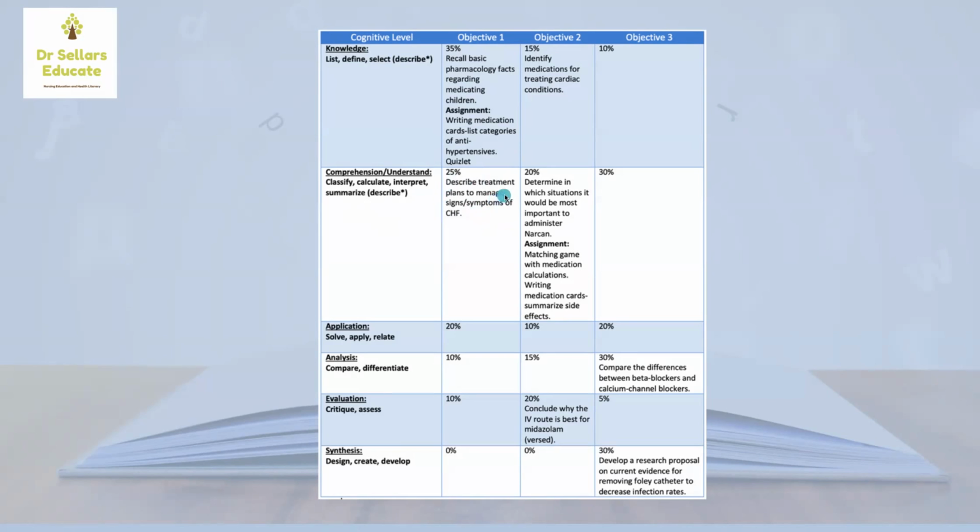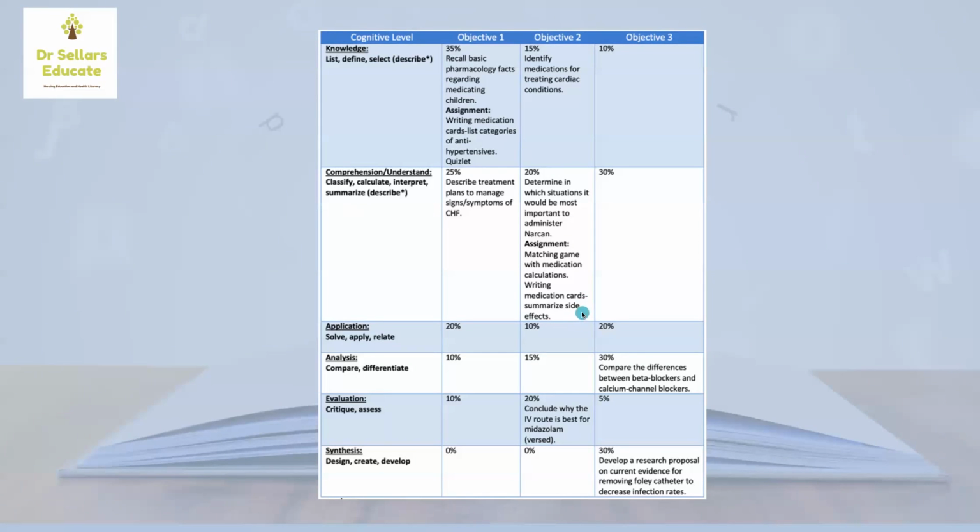Okay, so here we have describe treatment plans to manage signs and symptoms of congestive heart failure. And another objective for comprehension and understanding would be determine in which situations it would be most important to administer Narcan.